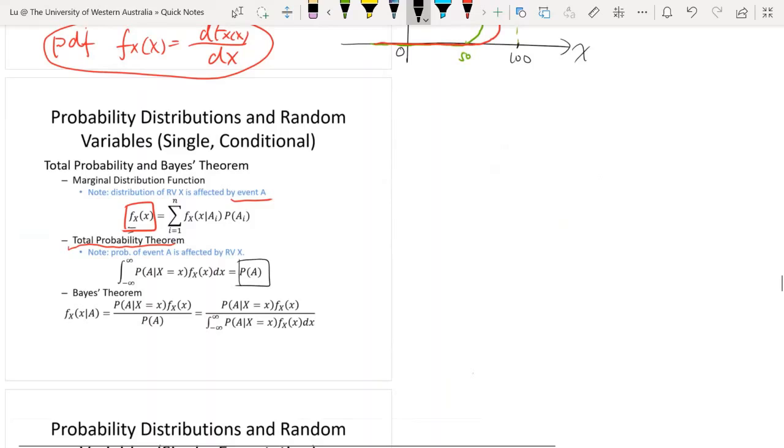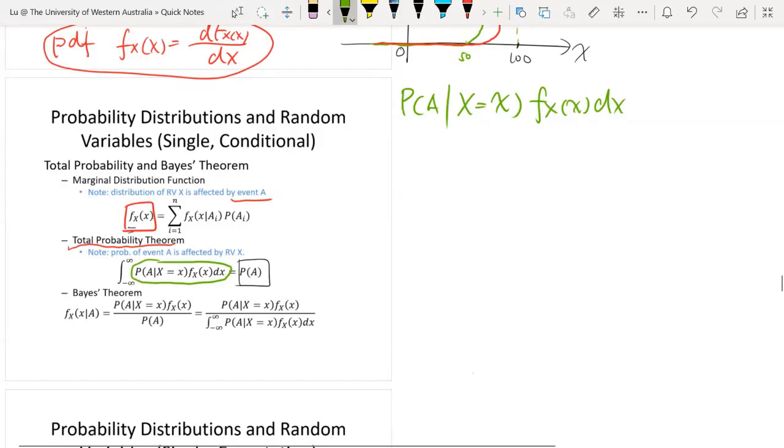But let's have this part first, which is P(A | X = x) fX(x) dx.